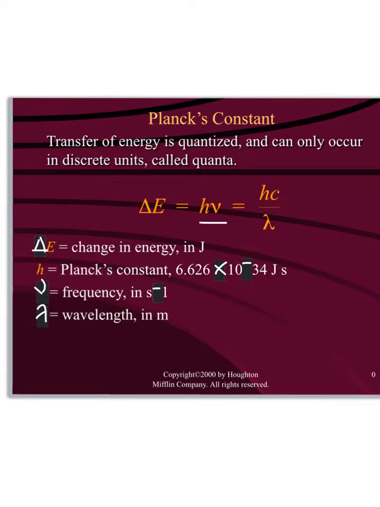Remember, we learned that nu is equal to c over lambda. You can see how it relates to that other equation that we just learned. This is how we can calculate the energy of the wave.